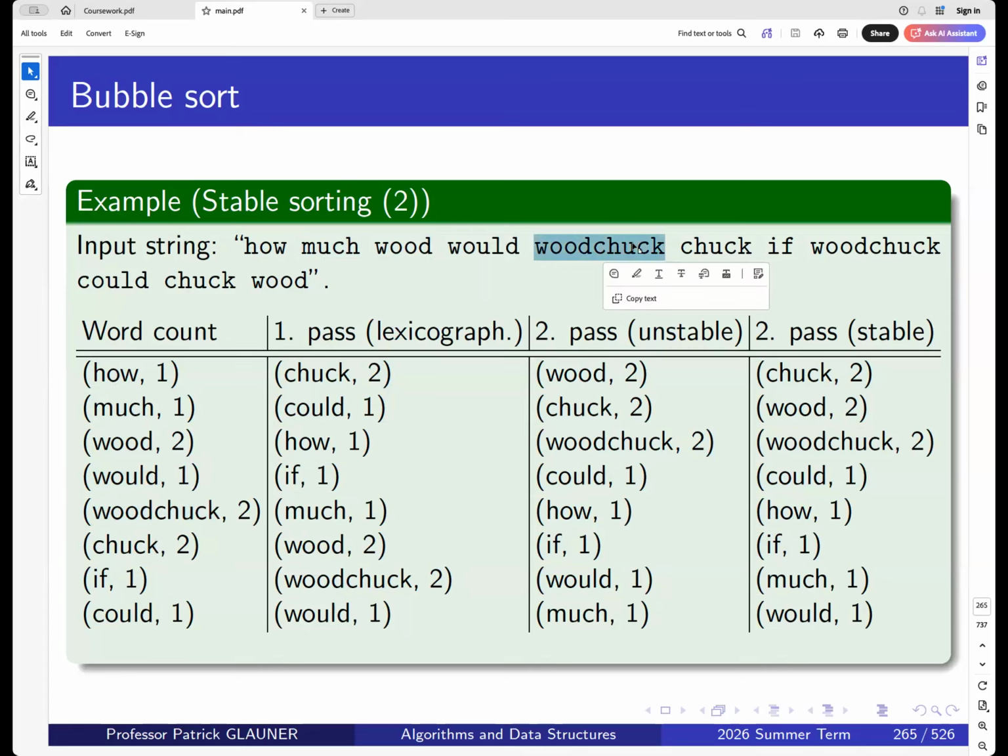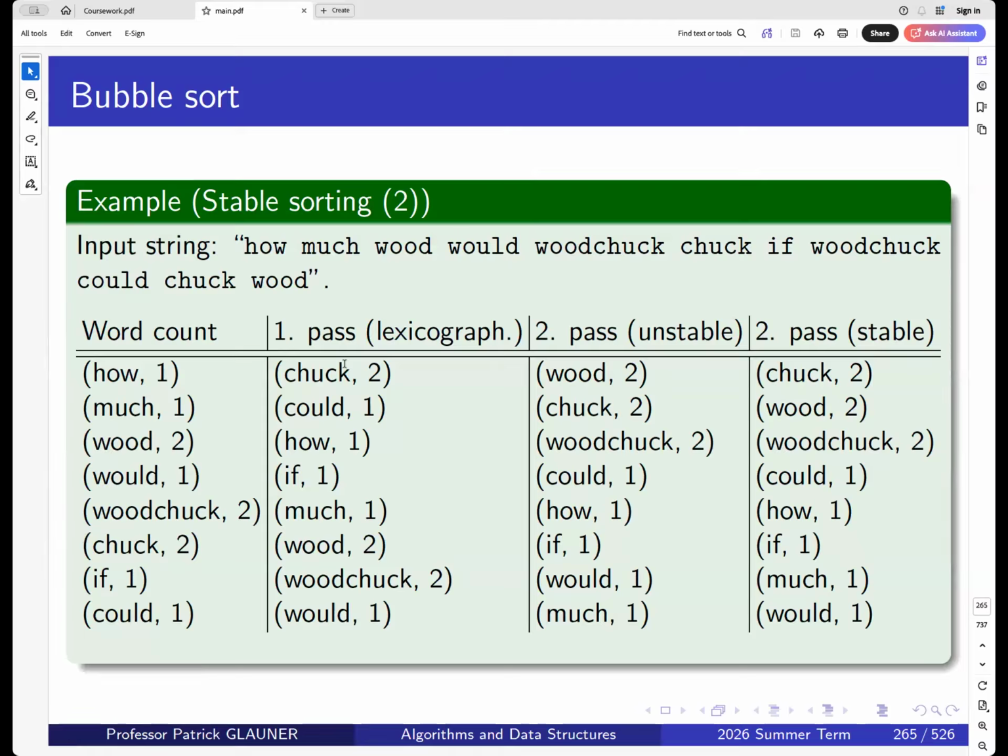Woodchuck appears twice, here and there. Chuck appears twice. If appears once. And could appears once. So we have done a word count. The sorting has not happened yet. The sorting will come next.